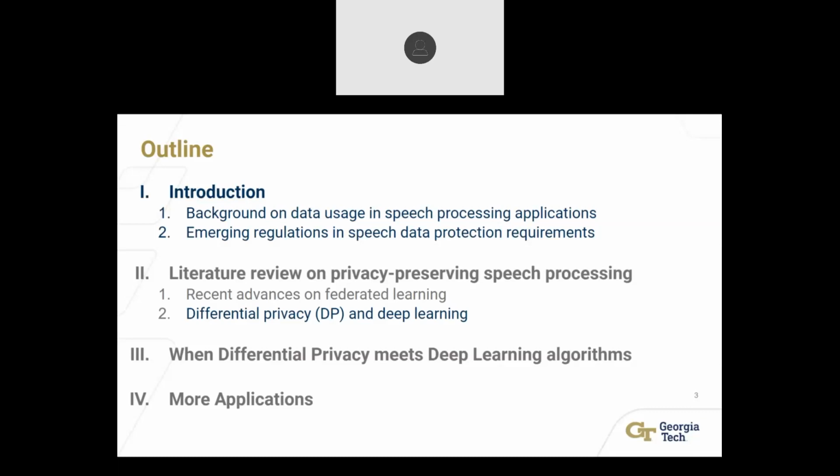One major component is that those new data protection regulations require some privacy measurements. So we'll have that kind of review, so even if you are not coming from a technical background, you can still take something with you. And we'll have some literature review, and finally some application when differential privacy meets deep learning algorithms.